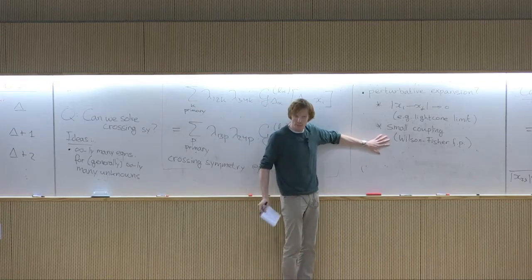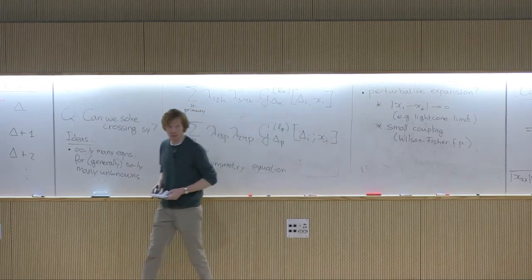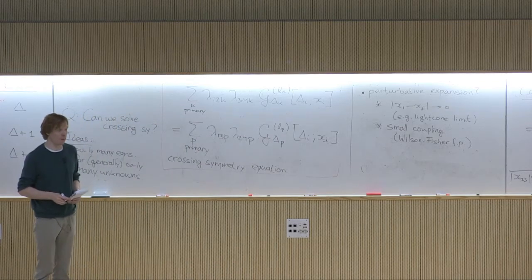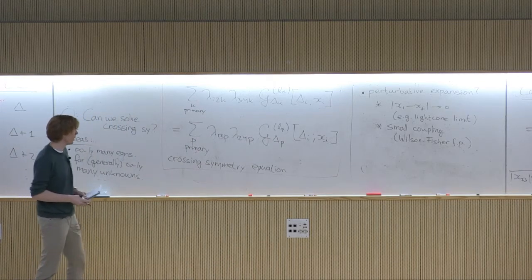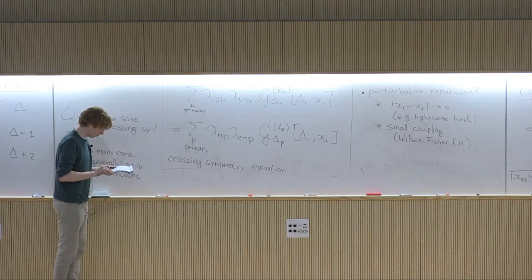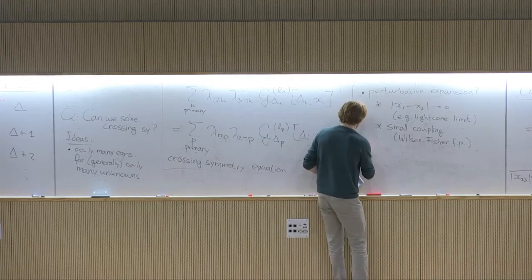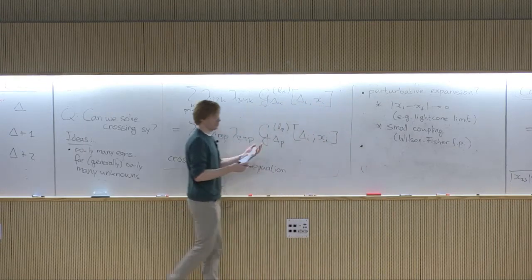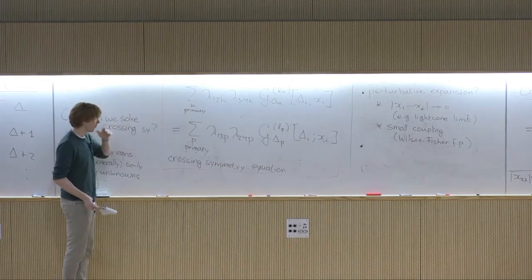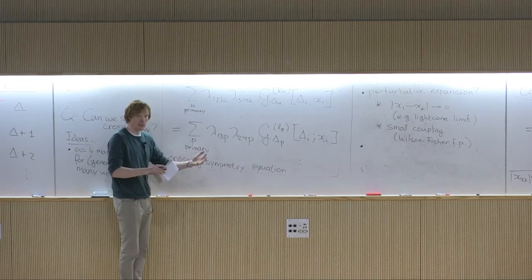People have done this in the past few years, and it has given some pretty neat results for conformal data, the deltas and the lambdas, in the Wilson-Fisher fixed points. So these are two examples I know of people trying to solve this in some kind of perturbative manner.